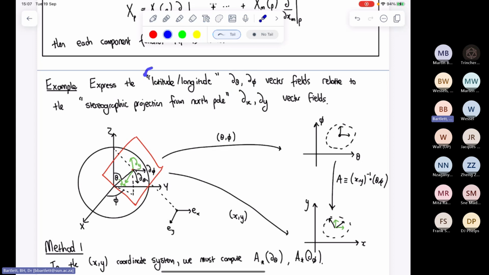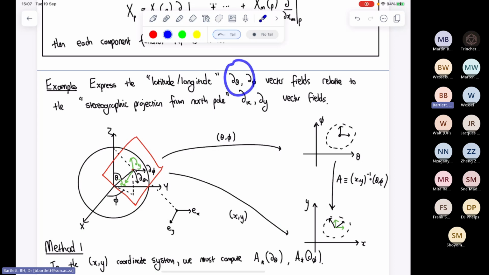So I've always got the latitude and longitude coordinates on S2. So that's going to give me these coordinate vector fields on S2. And I want you to express these vector fields relative to the basis coming from the stereographic projection vector fields. The stereographic projection is a different chart on S2. So it's going to have its own coordinate vector fields.